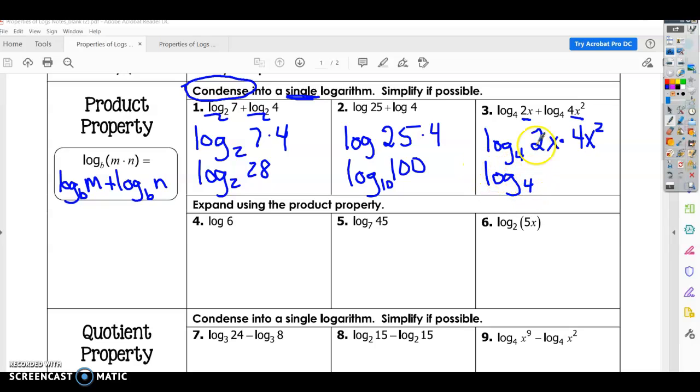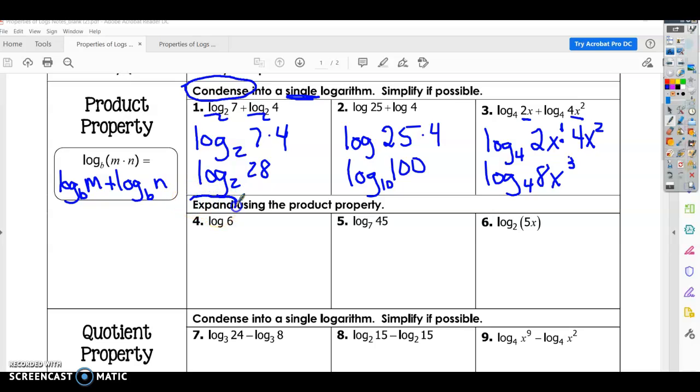So log base 4, 2 times 4 is 8, and x to the first, that's the first power since there's no exponent, and x squared, so same base, add exponents, that's x to the third. Okay, so these may be written just a little bit differently for different people, but that's how you do it.